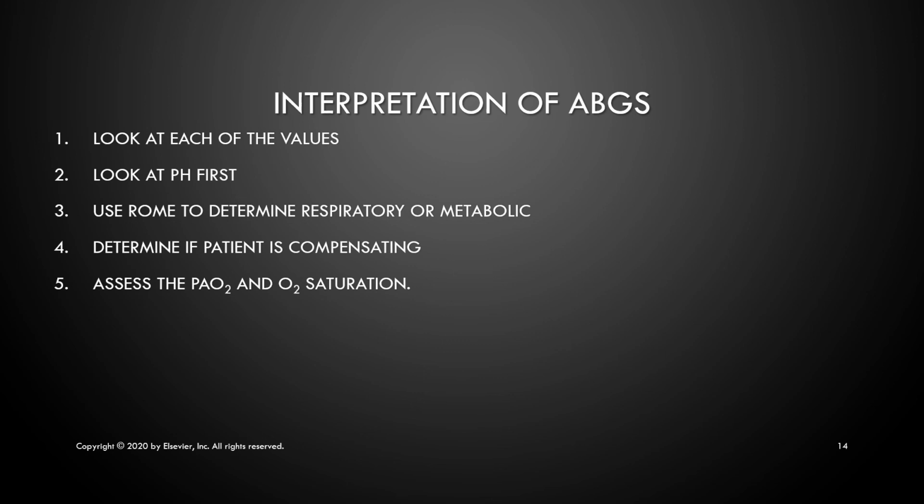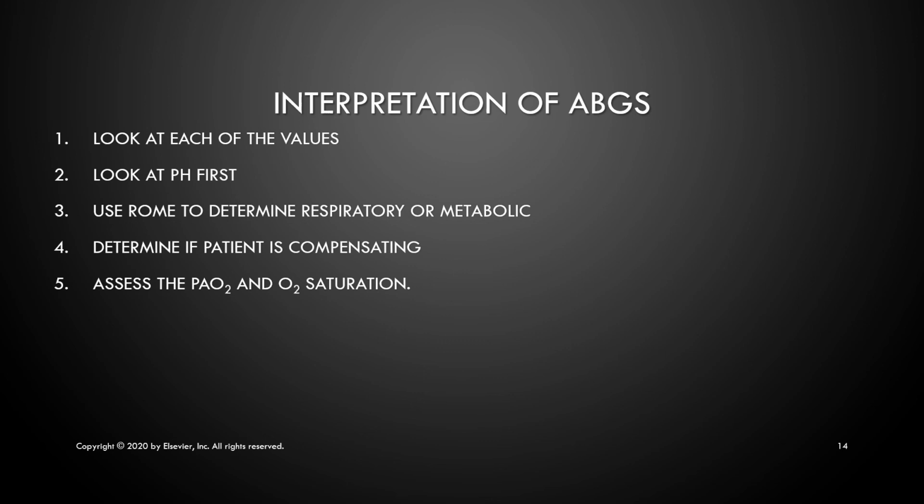So remember, when the pH is less than 7.35, that's going to represent acidosis. Whether it is going to be metabolic or respiratory is going to be determined by your PCO2, which is your respiratory. If it is opposite of what the pH is, as in it's going in the opposite direction, then that will mean that it's a respiratory issue.